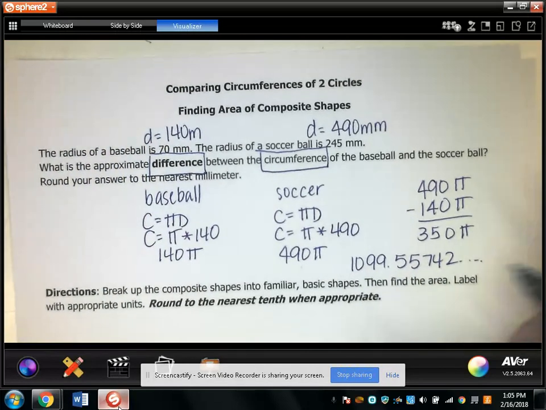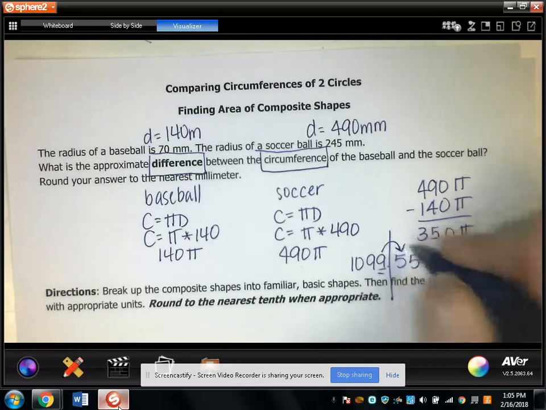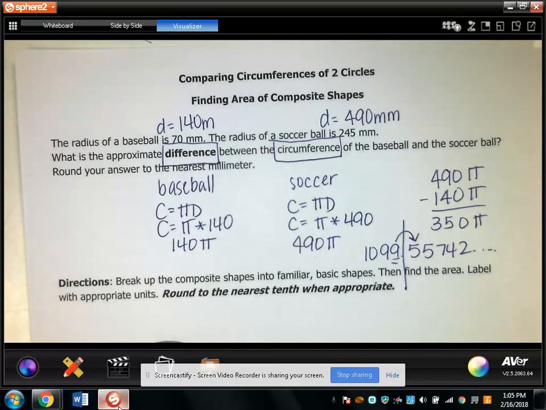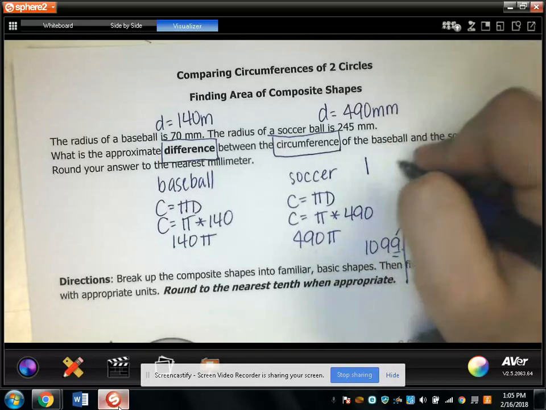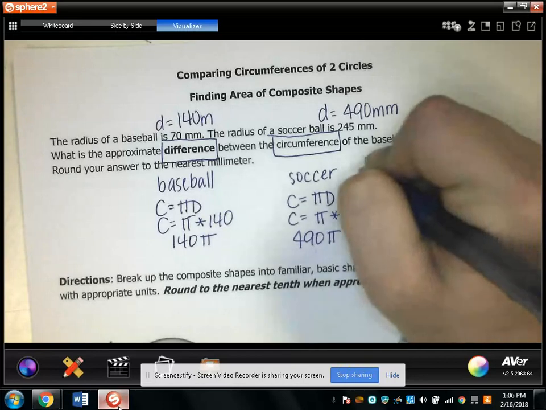It says round to the nearest millimeter. So here's the nearest millimeter. I look over, 5 or above, give it a shove. So I really have to round this one. The difference between the circumferences is 1,100 millimeters, about.